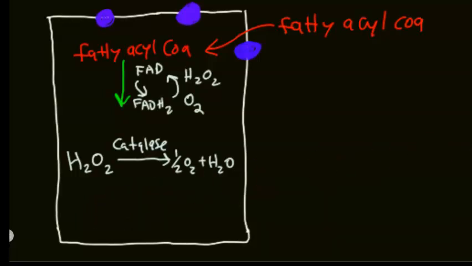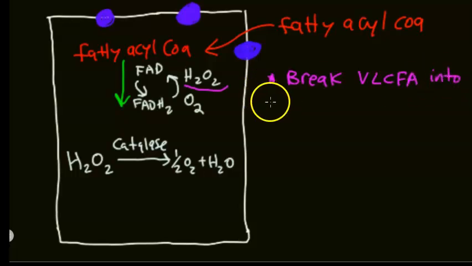Another big function of peroxisomes, other than making this hydrogen peroxide, which plays an important role, is that they break very large chain fatty acids into smaller fatty acids. So we're talking about long and medium chain.